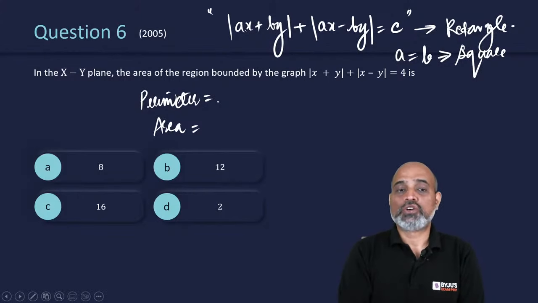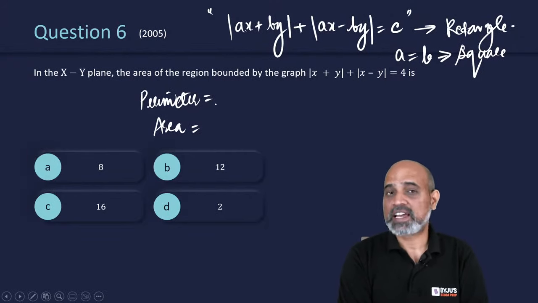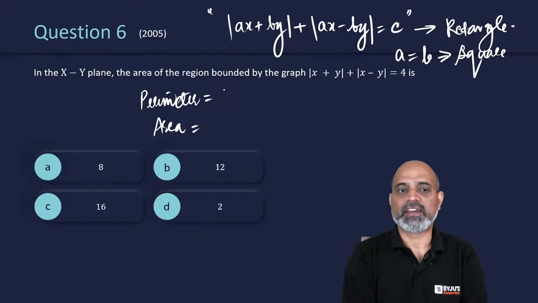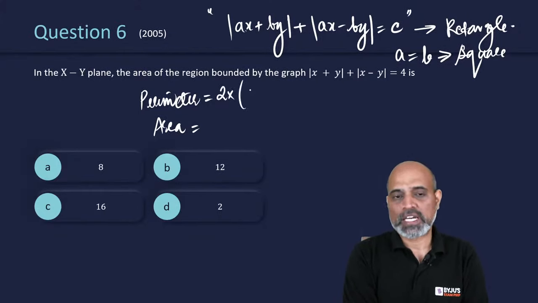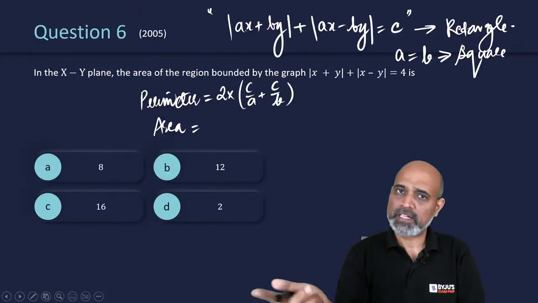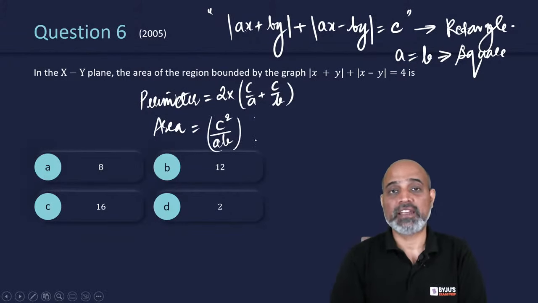The perimeter is going to have one side of length c/b and another side of length c/a. So perimeter is going to be 2 times (c/a + c/b). That's how you remember, right? Perimeter of a rectangle is 2 times length plus breadth, and area is length into breadth, right? So c/a into c/b will give you c²/ab. So this becomes the area.